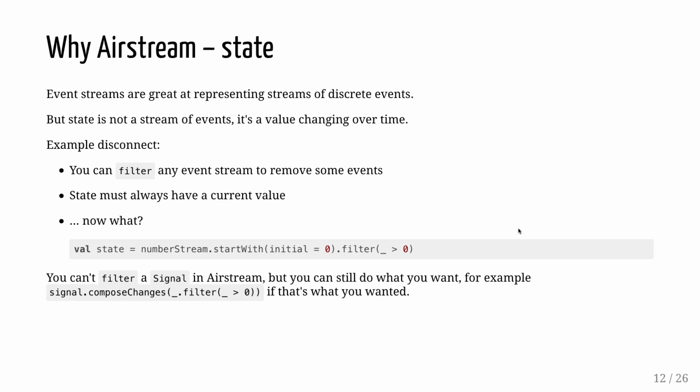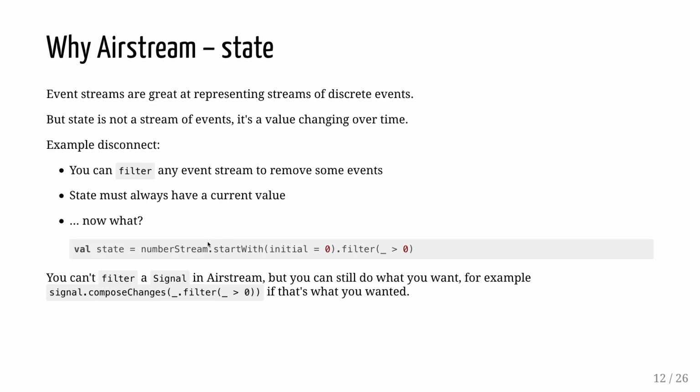Unfortunately, event streaming libraries typically encode state as a subclass of event stream, usually calling it something like memory stream, and it ends up being just an event stream with an initial value that remembers its last emitted event as current value, sort of. Unfortunately, this abstraction breaks down very easily.